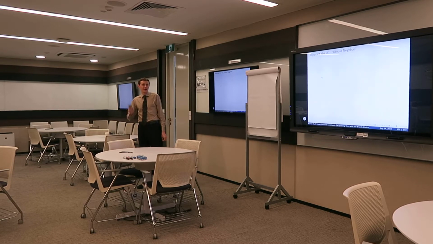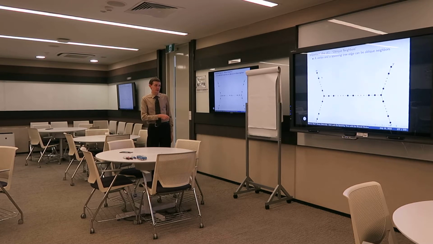Okay, so I've coined a couple new terms. The first one is oblique neighbors. And I'll explain what that means. This is a relationship between a vertex anywhere in the graph and an edge of the spanning tree. So take this red edge that I've highlighted in red there in the middle.